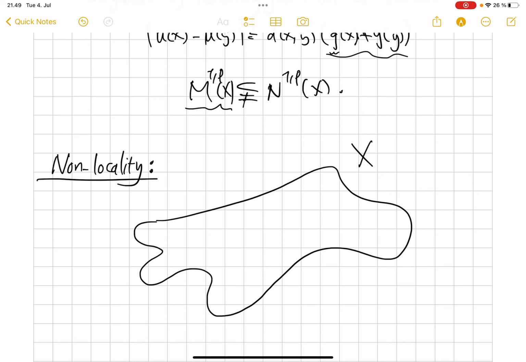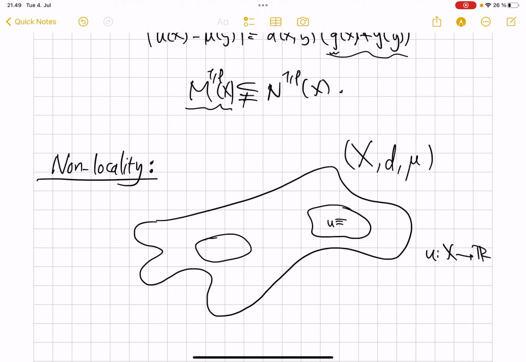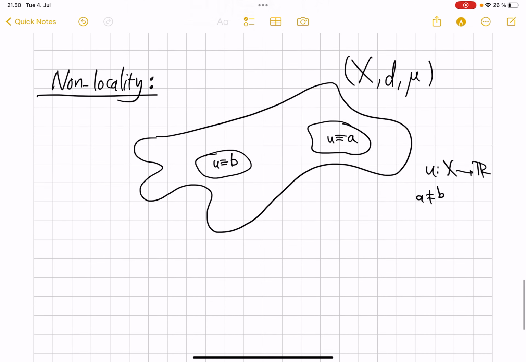Suppose this is your space X. You can even imagine it's a subset of R^2 with the Euclidean distance and the Lebesgue measure. Suppose you have some function u from X to R, and u is constant equal to 0 here. Well, let's say a here, because then you might think that there's anything special about 0. Okay, and a is not equal to b.